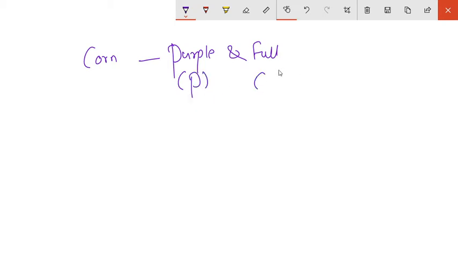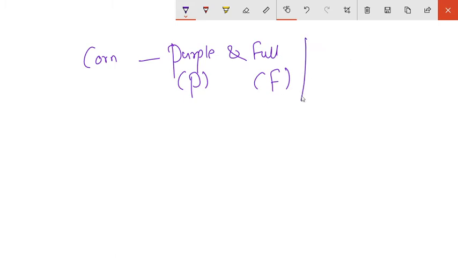So in corn plant there are the two parents. One is the purple and full. So the color of the endosperm, that is the purple, is denoted by capital P, and the full is denoted by capital F. Okay.